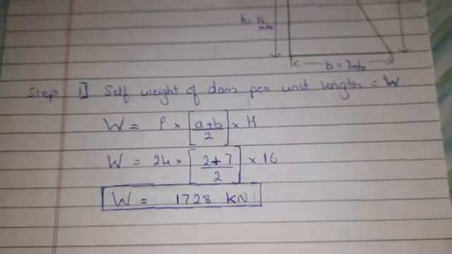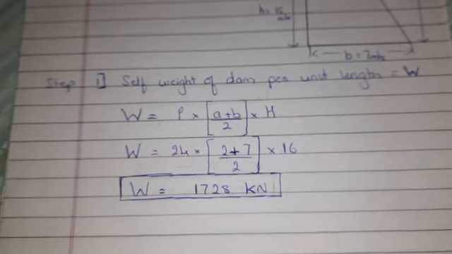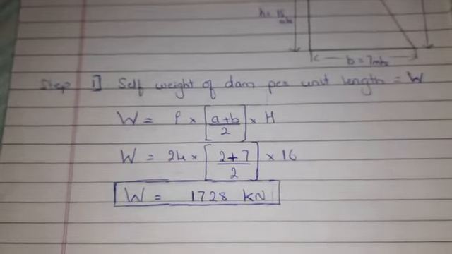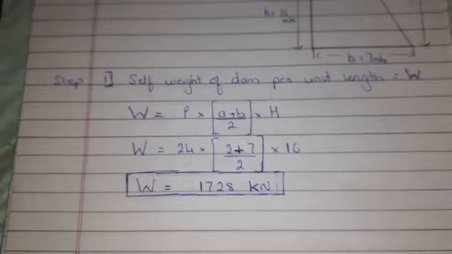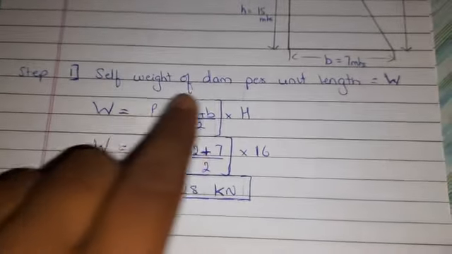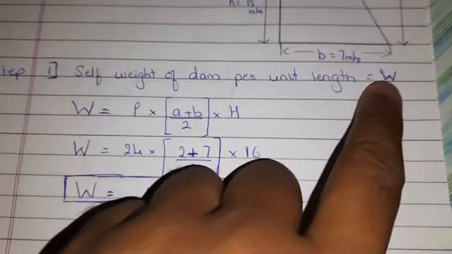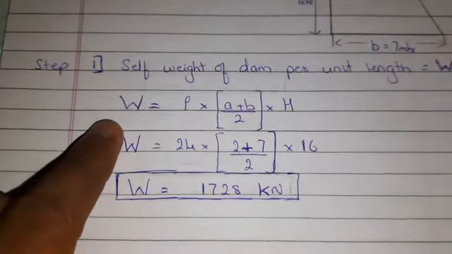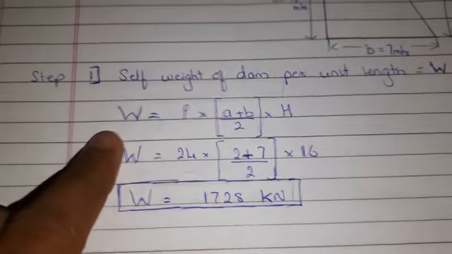The solution part, step number 1: self weight of dam per unit length. We have to calculate the self weight of the dam per unit length, and it is given by capital W. We know the formula from the previous video, and also in the notes I have given the steps.